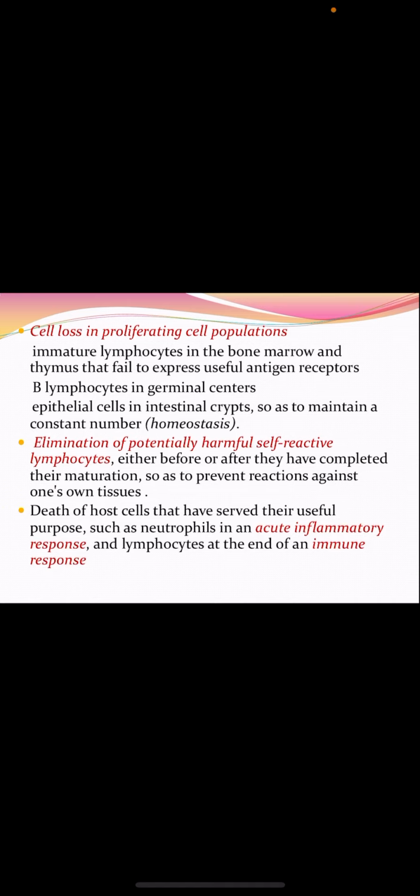Elimination of potentially harmful self-reactive lymphocytes either before or after they have completed their maturation, so as to prevent reaction against own tissue. Death of host cells that have served their useful purpose, for example neutrophils in acute inflammatory response and lymphocytes at the end of immune response.